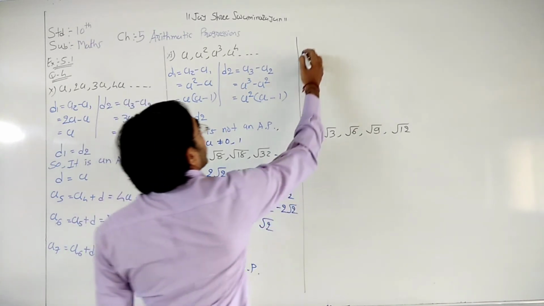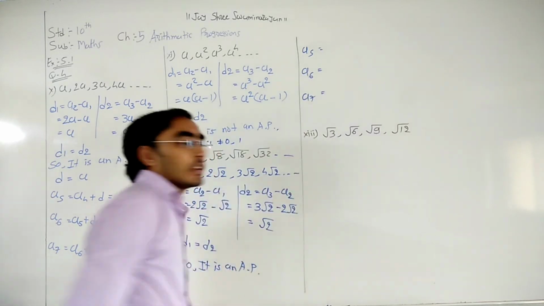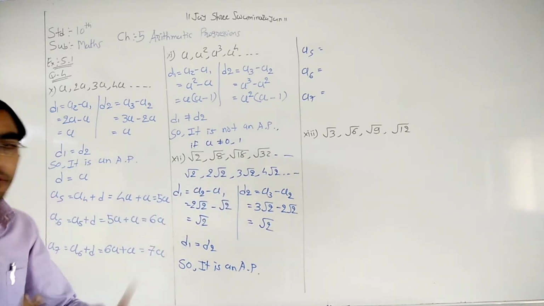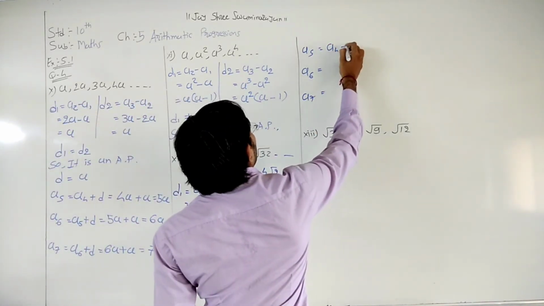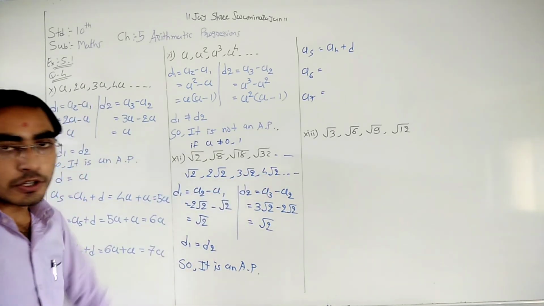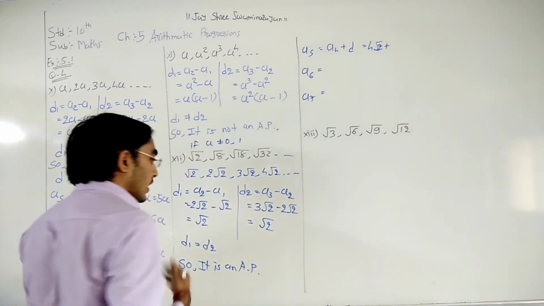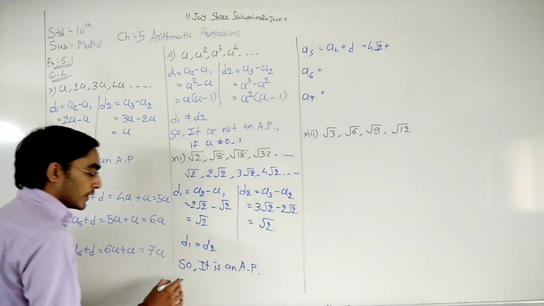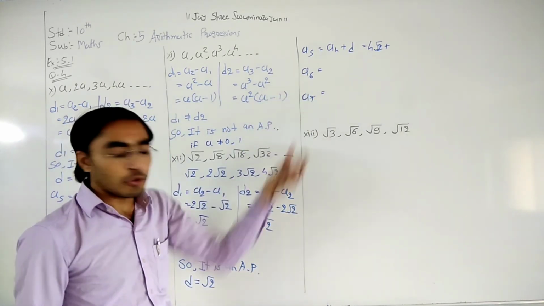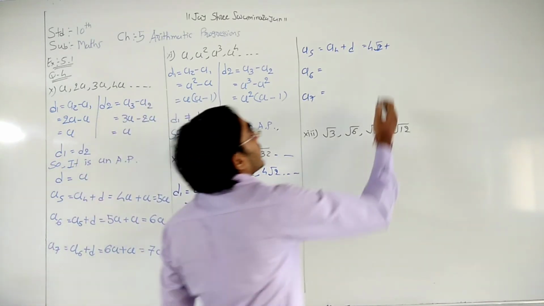And we can write 3 more terms: A5, A6, A7. Now A5 is A4 plus D, the fourth term plus the common difference D. The fourth term is 4 under root 2, plus the common difference D, which is under root 2.